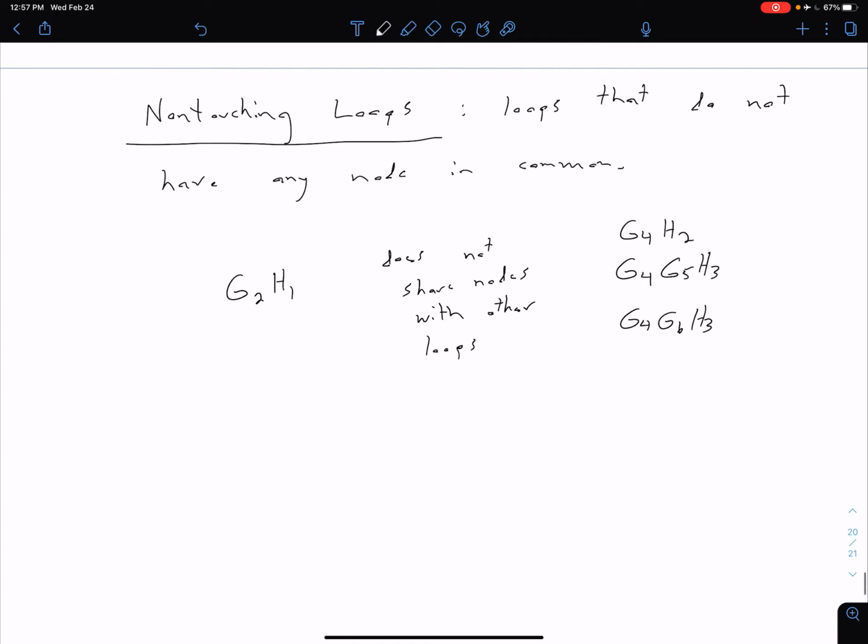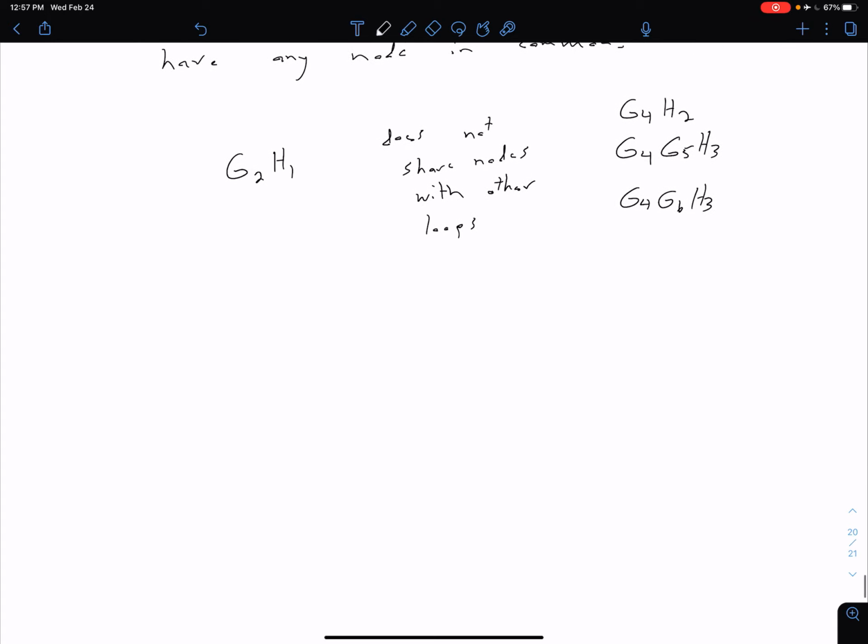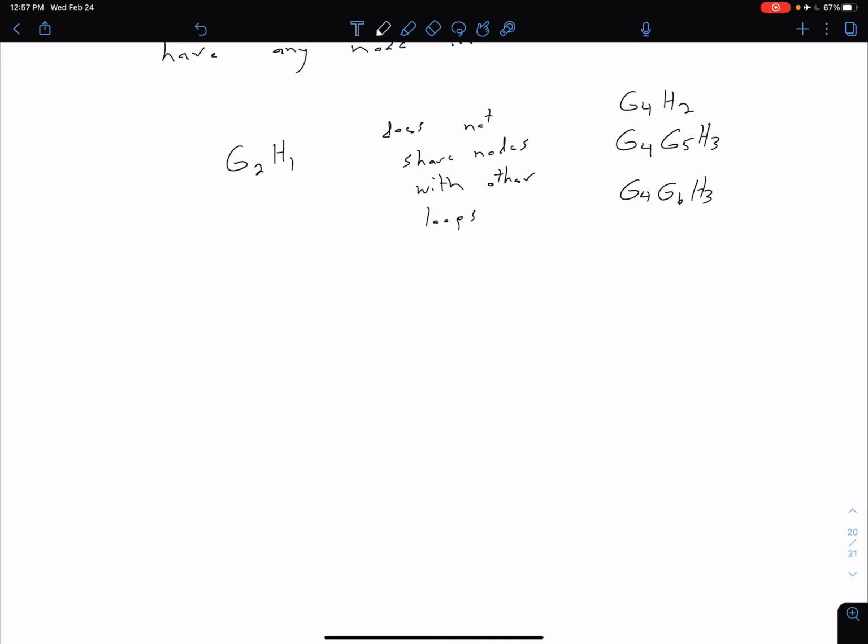Now building on this idea of non-touching loops, in our equation we're going to have a term that's related to non-touching loop gains. This is the product of our loop gains taken 2 at a time, 3 at a time, 4 at a time, and we'll describe this more clearly as we look at some examples later on.